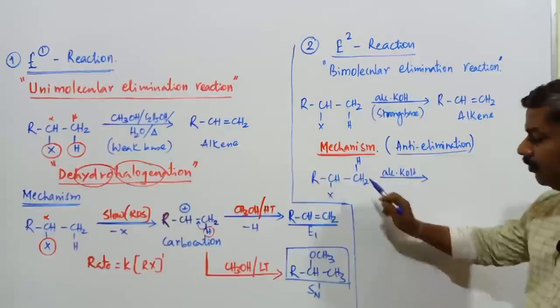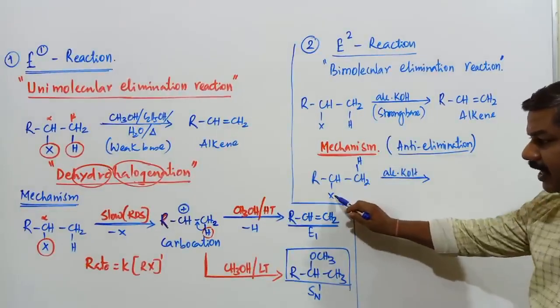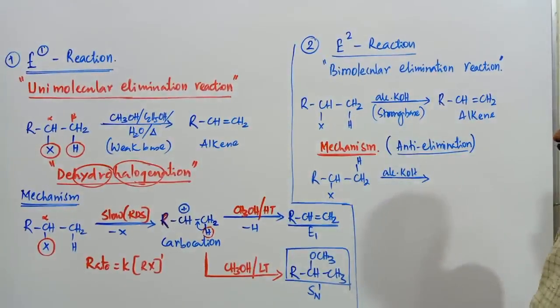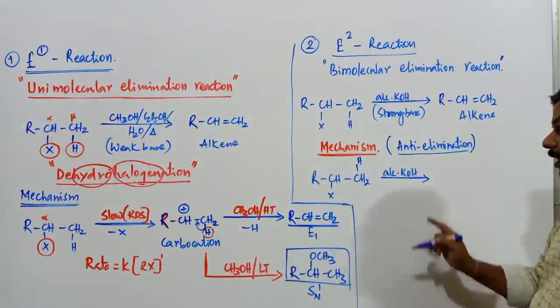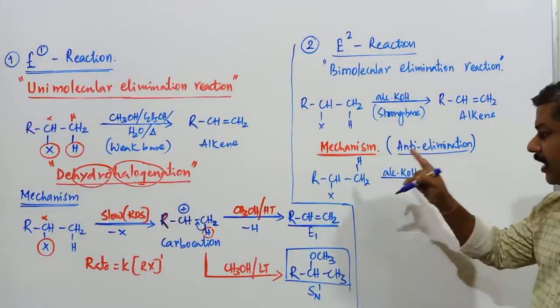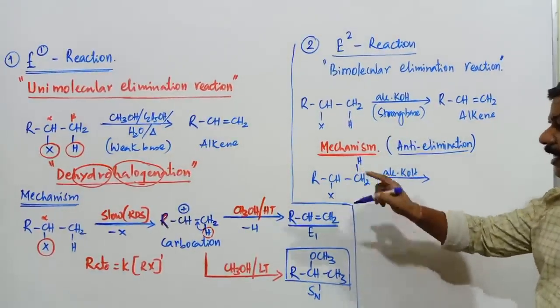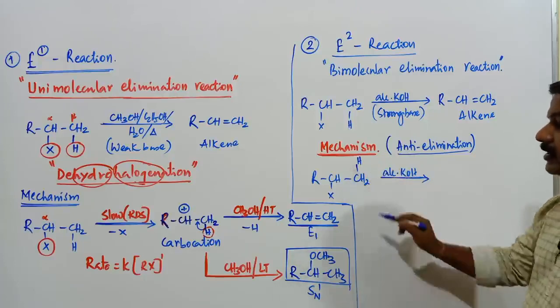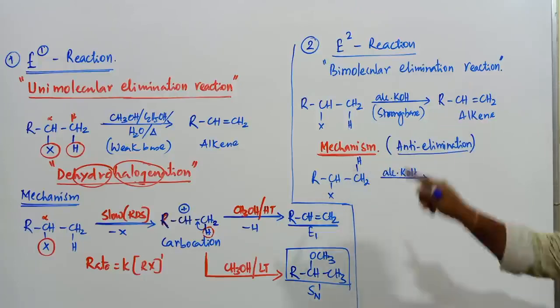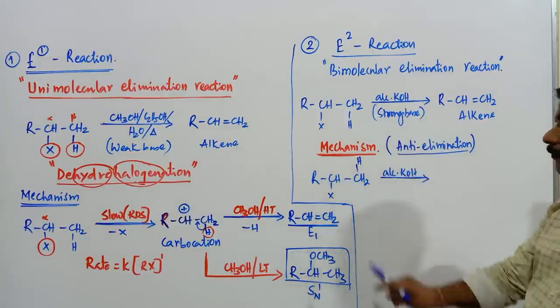Elimination of hydrogen does not take place from the same direction where the halogen atom is present, because this is also considered one of the nucleophiles. This substance never attacks the carbon atom from the same side as the leaving group. It attacks on the opposite side. Hydrogen should be present in the opposite direction, usually at an angle of 180 degrees.